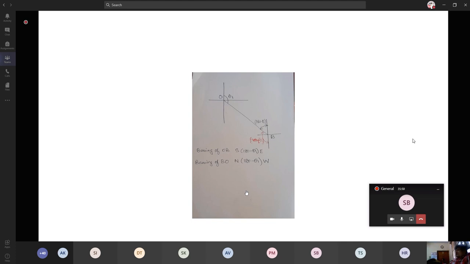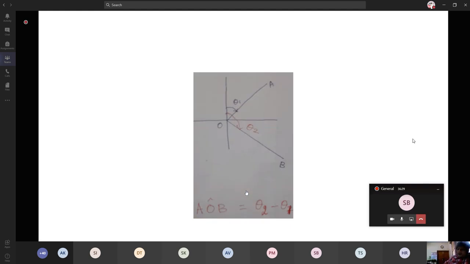First quadrant goes to third quadrant, second goes to fourth. North 21 east becomes south 21 west. North becomes south, east becomes west. That is the one which you have to remember.